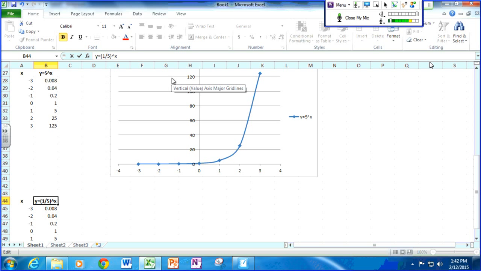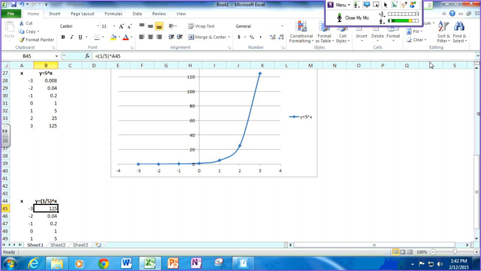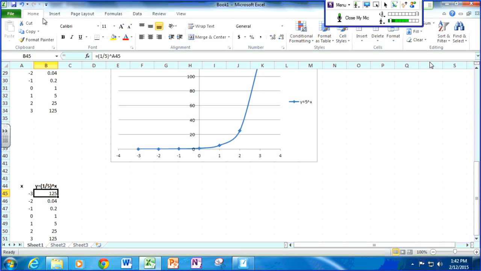I could have just changed it to negative x, but this will work. And now I'm going to change that one formula, and it's just going to be 1 over 5. And now I have to copy that formula and paste the change into all the other ones. So I'm going to go copy, and paste that in all the other ones. Paste. There you go. Okay.